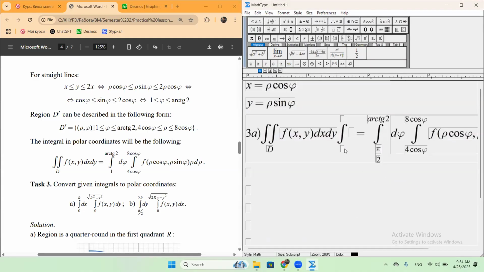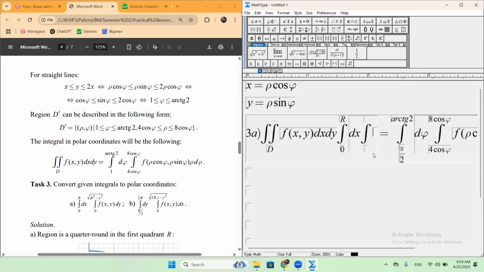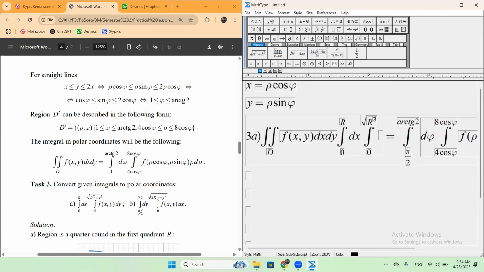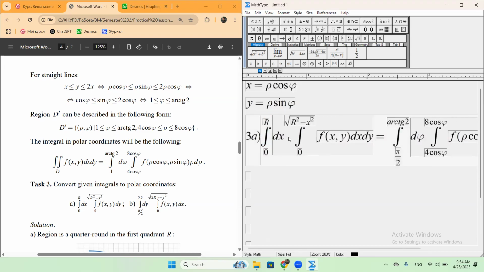So we have the following limits: x from 0 to r, and y from 0 to square root of r squared minus x squared. So previously we received limits of integration from the equation of the region of integration.